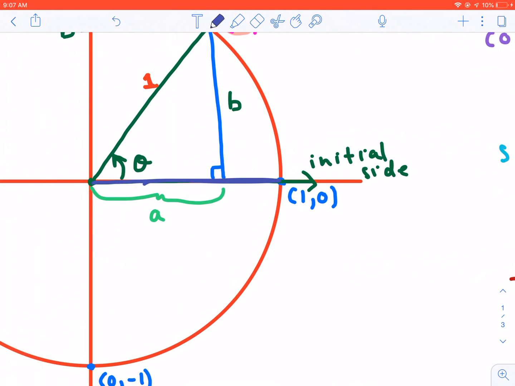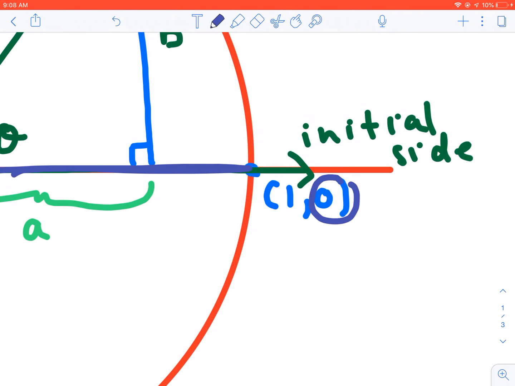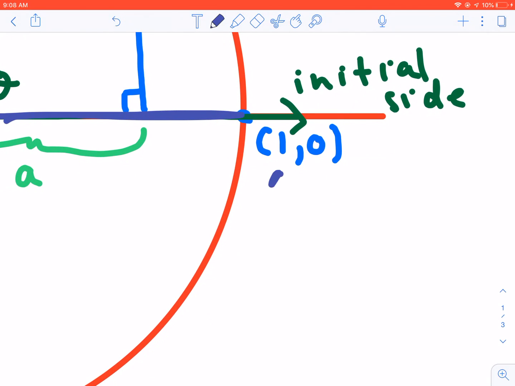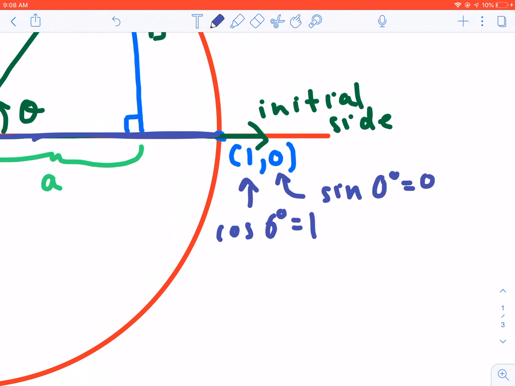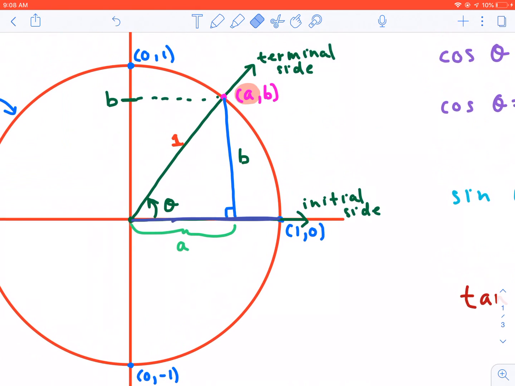So sine of 0 is 0. What's cosine of 0? That's going to equal the x value, so cosine of 0 degrees is equal to 1. This says sine of 0 degrees is equal to 0. Oh, that's pretty helpful, right?